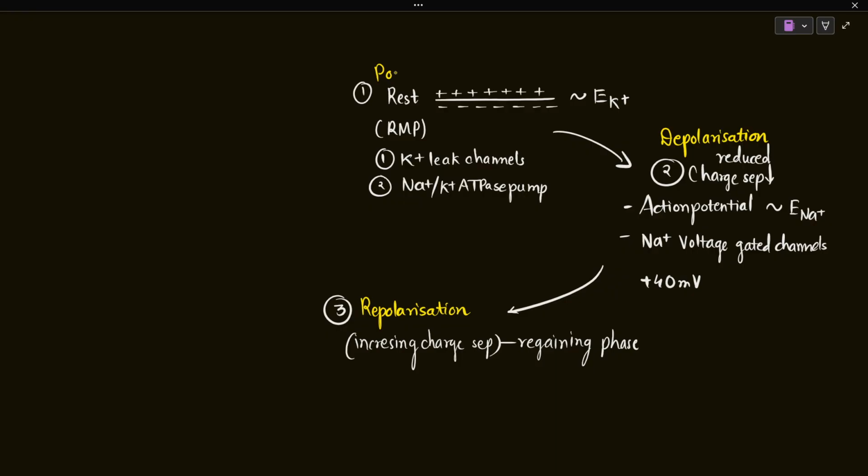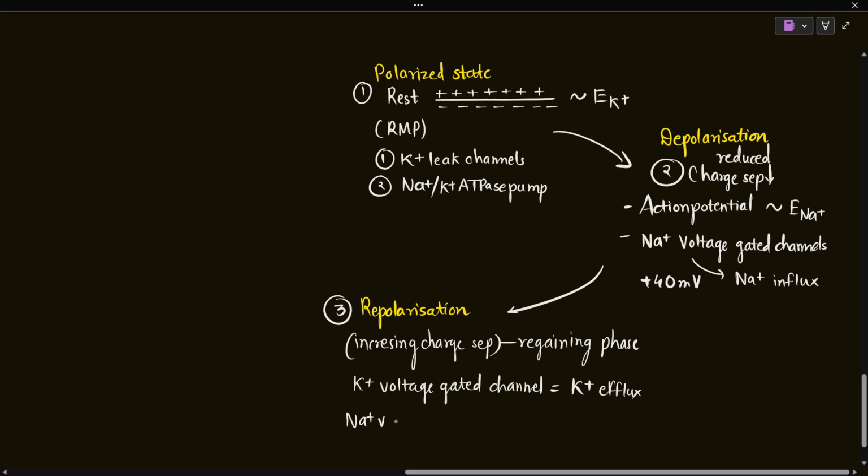During this stage, the sodium ion channels get inactivated. The voltage gated potassium ion channels close slowly, and due to that the cell keeps increasing the charge separation beyond what was expected.